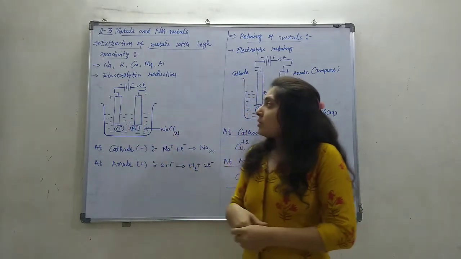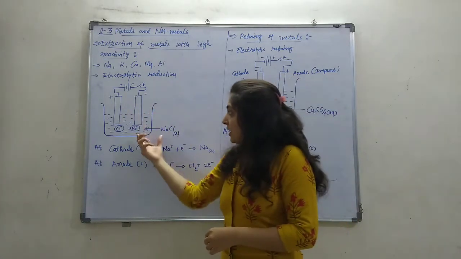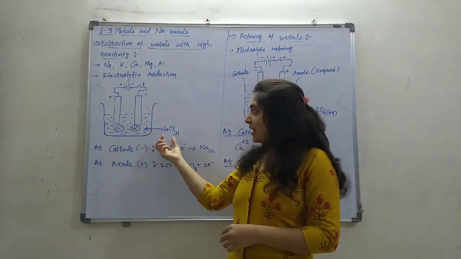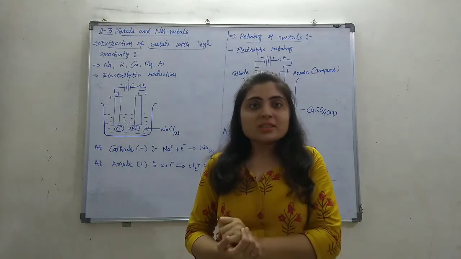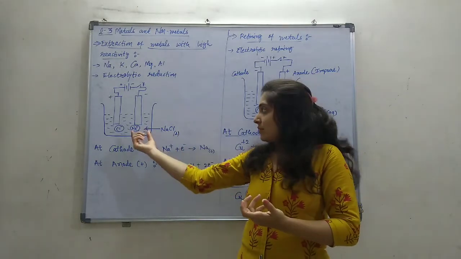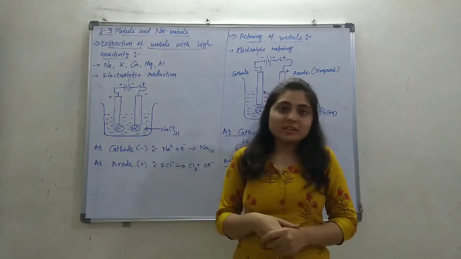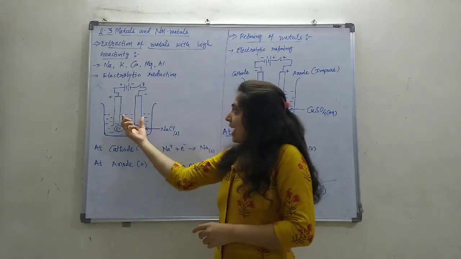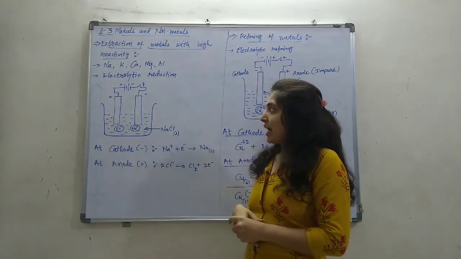This is the electrolytic cell, in which there is a beaker and inside the beaker there is NaCl. Remember, the NaCl is in the molten state. NaCl is melted, and that molten liquid NaCl is taken with two electrodes, one the positive electrode and one the negative electrode.